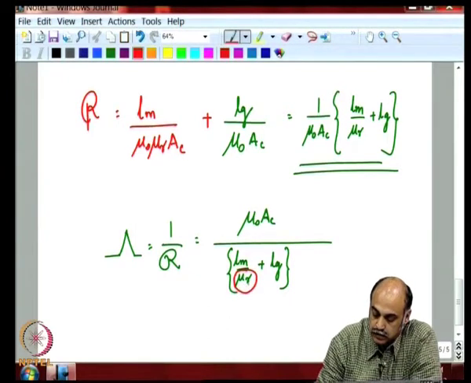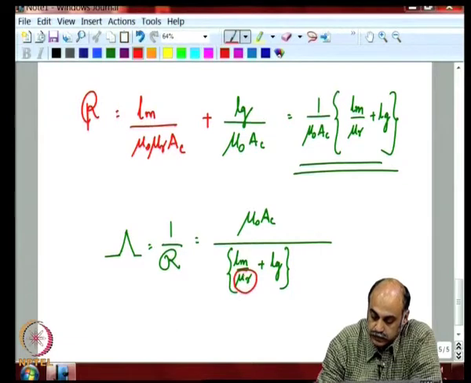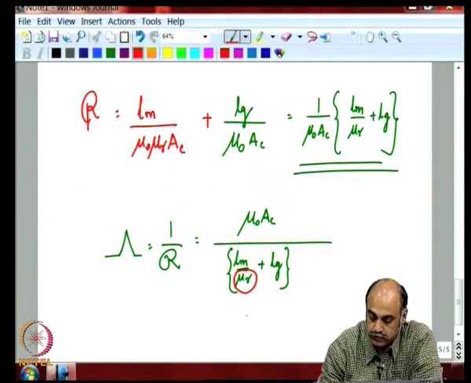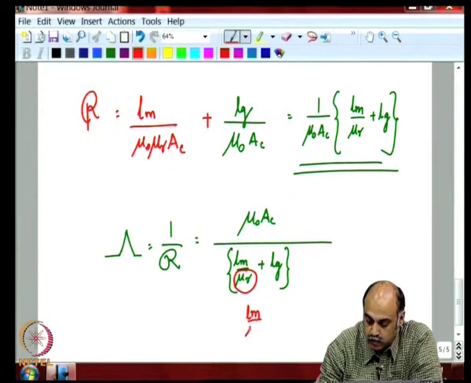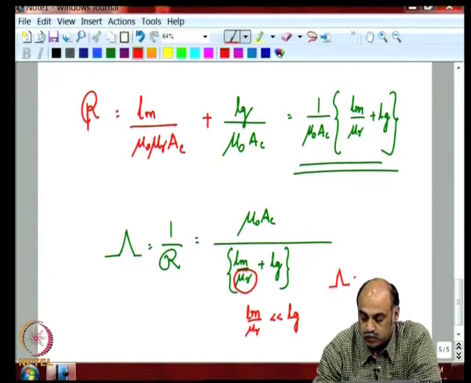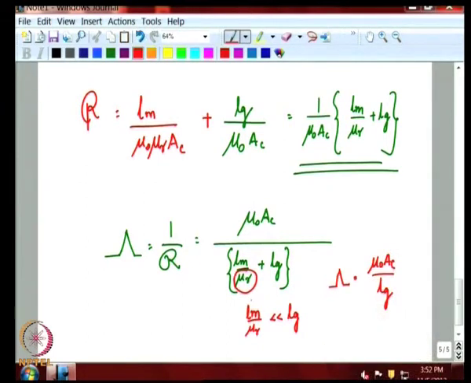If this is a large value, then Lm by mu r can become very small compared to this, that is Lm by mu r becomes less compared to Lg, and therefore, the permeance of a gapped core is almost equal to nothing but AC by Lg. However, it is always recommended that you use the exact formula. This is for quick calculations, you could always approximate and then use it in this manner.